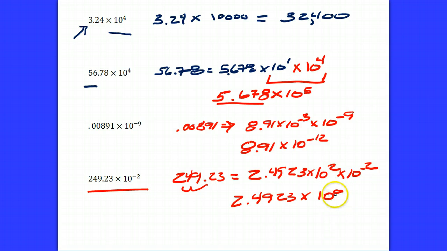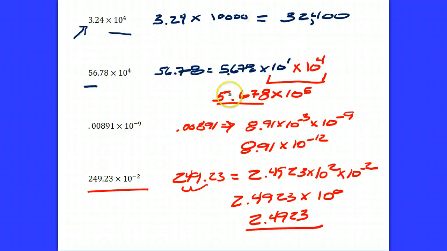Anything to the 0 is equal to 1. So really, this turns out to be just 2.4923, the number. And there's no need to put it in scientific notation because it is not extremely large or extremely small.